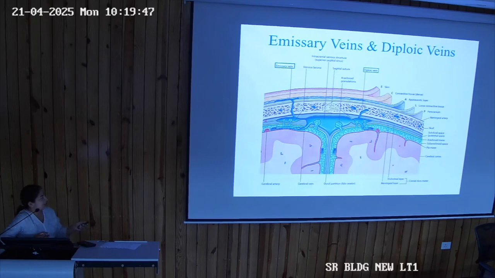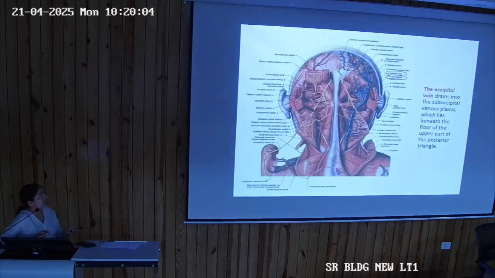While this one is the intracranial venous system and this one is the extracranial venous system, there is a connection between these two. This is called the emissary vein. So there are two systems of veins that you will study in the skull, emissary veins and diploic veins.